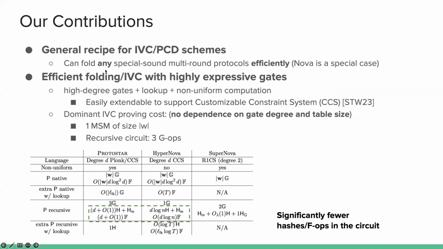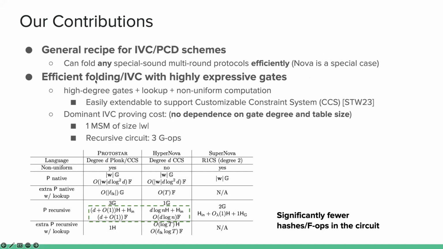In particular, this framework can fold any special-sound protocol that is interactive, as long as it is for a certain NP-complete relation. Moreover, besides the modularity, it doesn't sacrifice efficiency. In particular, the efficient Nova scheme is just one very special case in this framework.